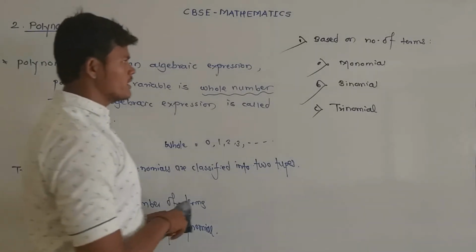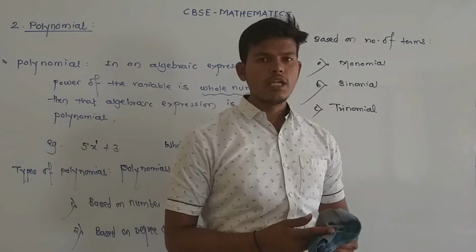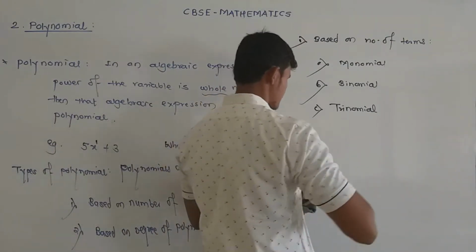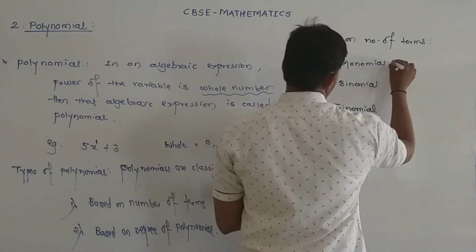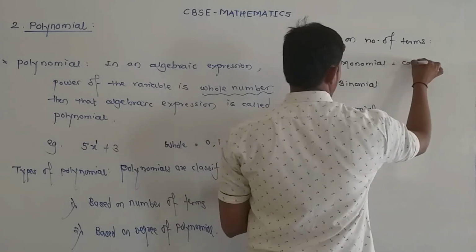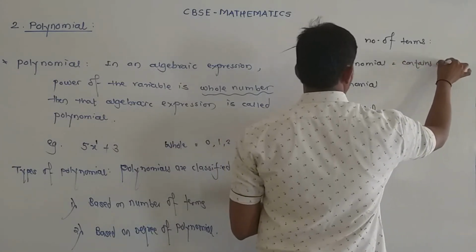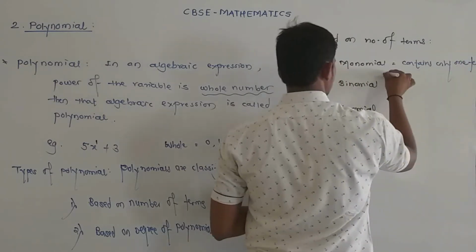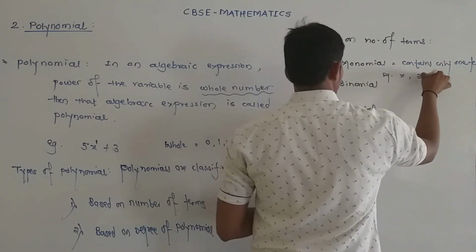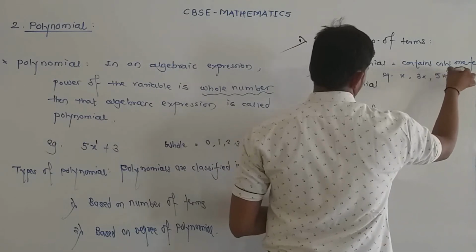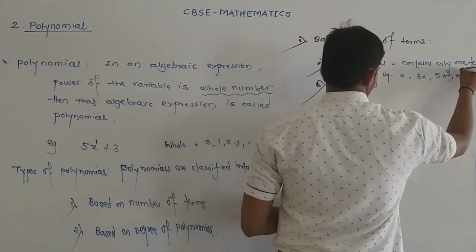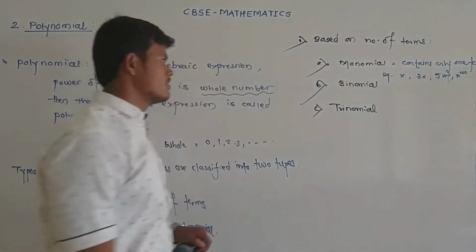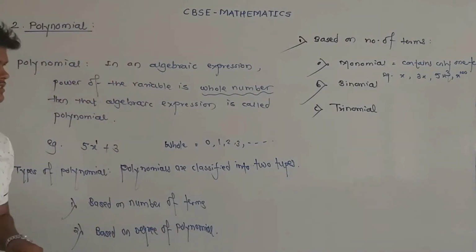So a monomial is nothing but one which contains only one term. For example, x, 3x, 5x raised to 3, x raised to 100. These are the examples of monomial.